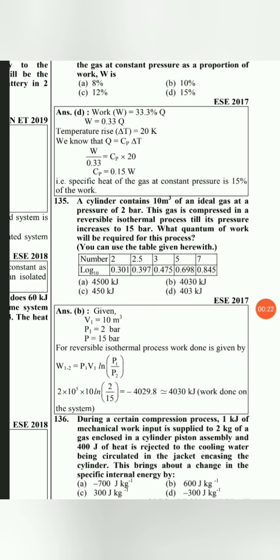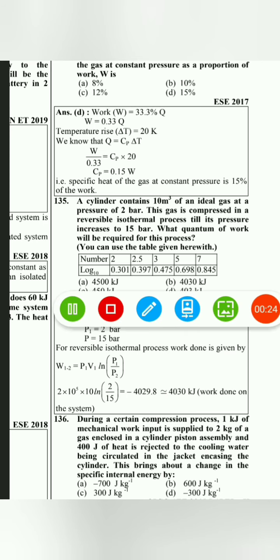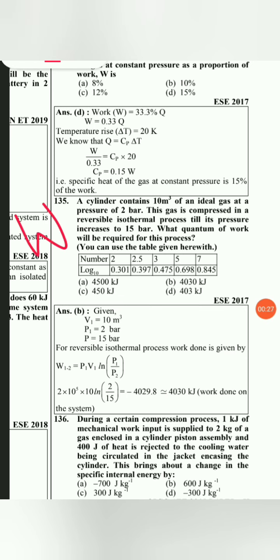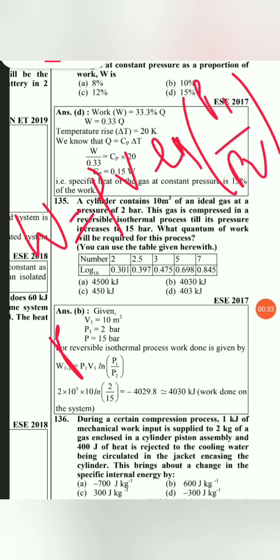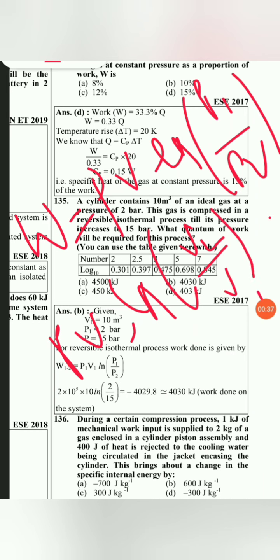So the process is a reversible isothermal process. For a reversible isothermal process, work done will be equal to PV ln of P1 by P2, or PV ln of V2 by V1. Here volume is not given, but pressure is given at two states: for the first condition it is 2 bar, and then it increases up to 15 bar.